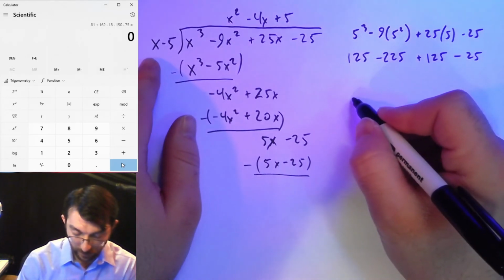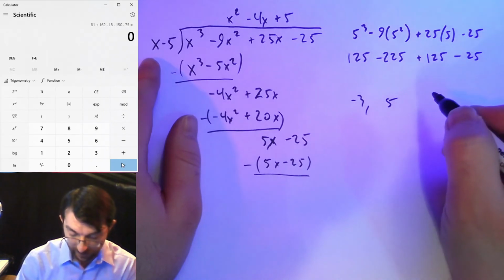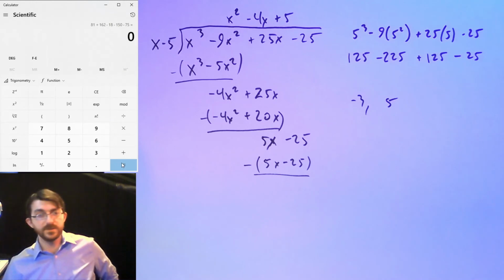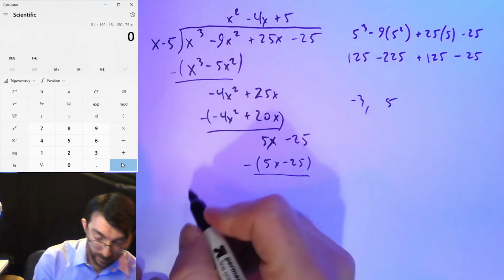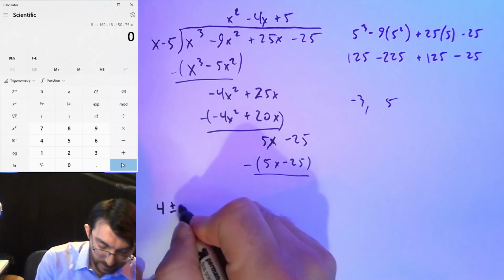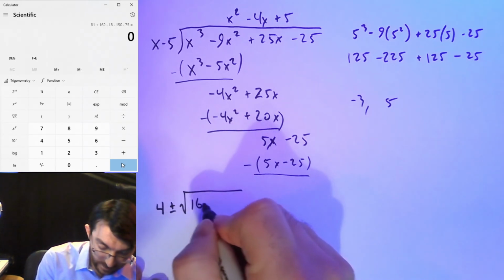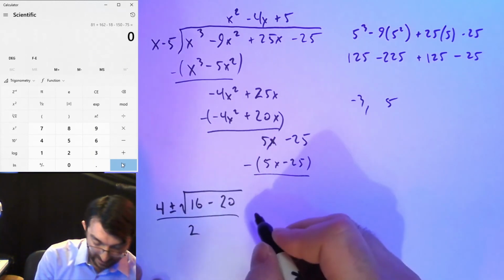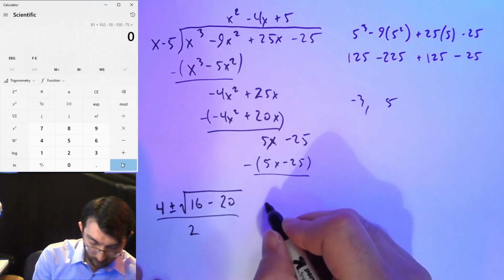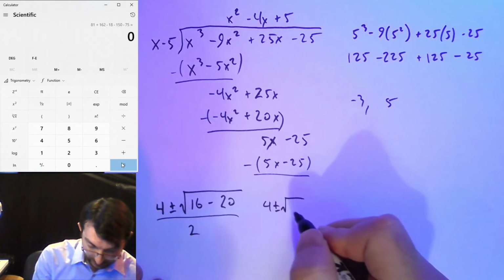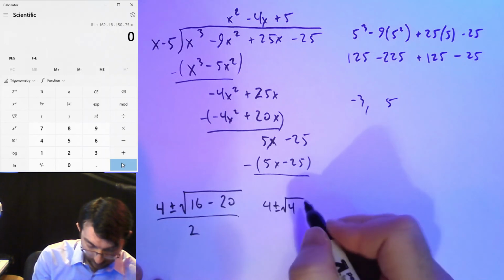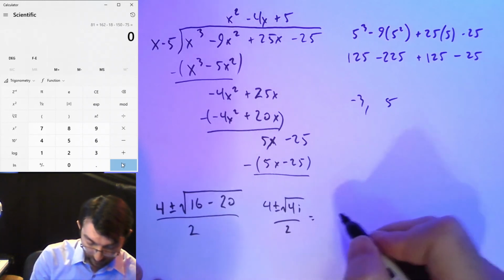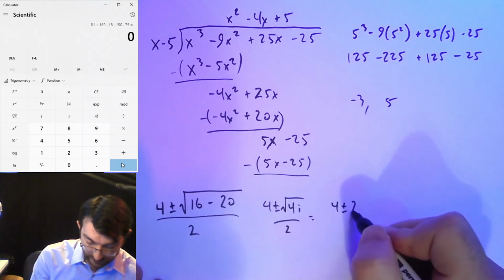We found -3, we found 5, and now we need to use the quadratic on this. I already know what the answer is going to be. This is just too perfect, but I'm going to run it anyway. Opposite of b plus or minus the square root of b squared minus 4ac all over 2a. 16 minus 20 is -4, so 4 plus or minus the square root of -4.